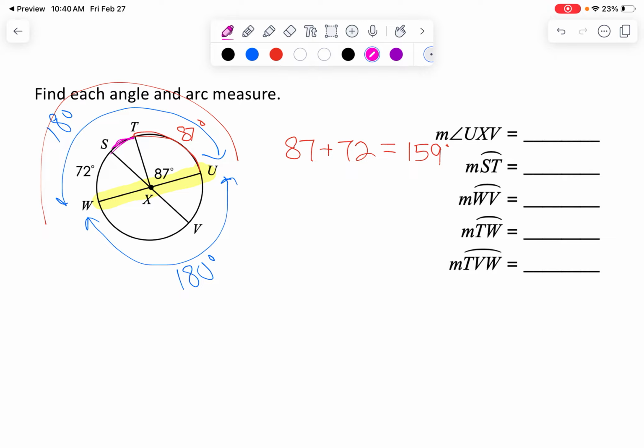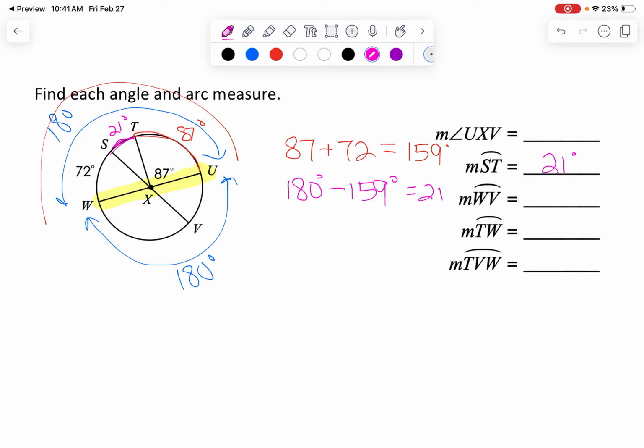That's one of the angles I need to figure out. So that should be 180 minus 159, which is 21. Okay, so this is 21 degrees. So I can fill in measure of arc ST is 21 degrees.